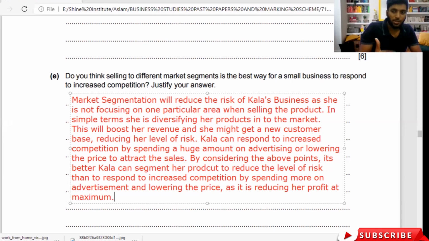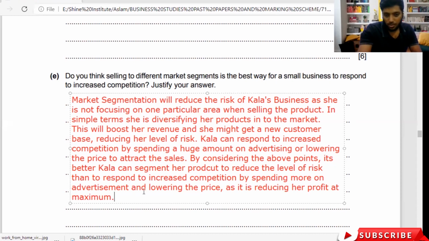So I explained about segmentation, how a small business can get attracted, how they can focus on market segmentation, and how they can reduce the level of risk. Then I also said what would happen if they respond to increased competition. Then I gave you a conclusion saying that by considering the above points, it's better Carla can segment her product.